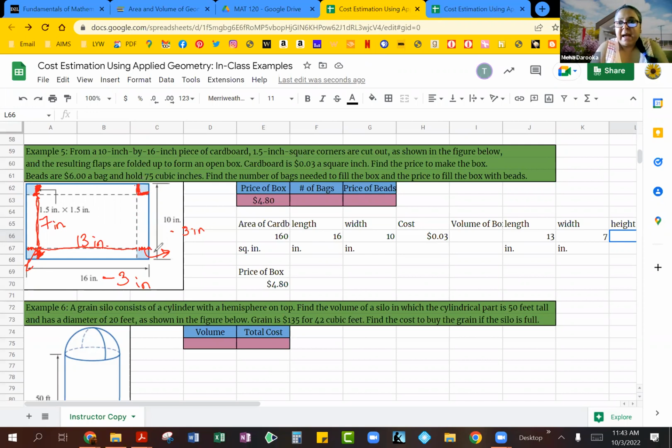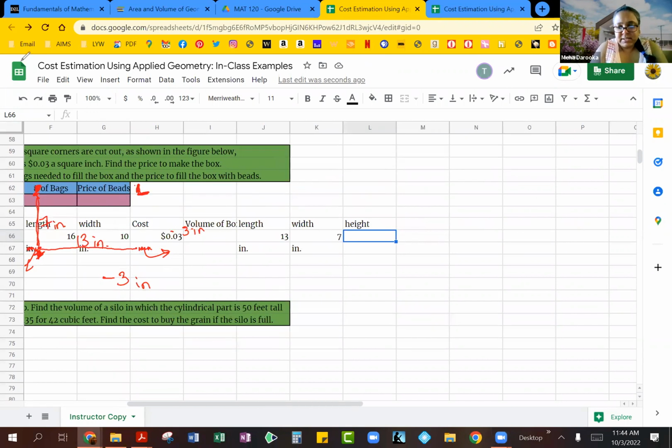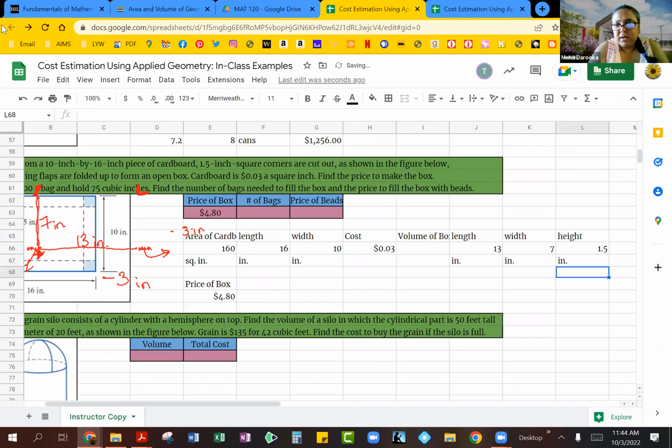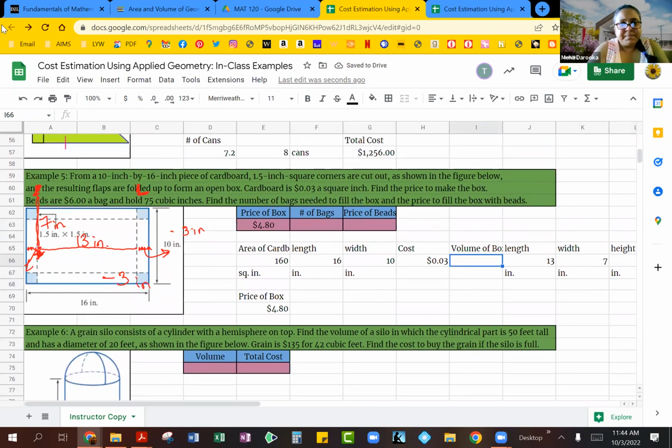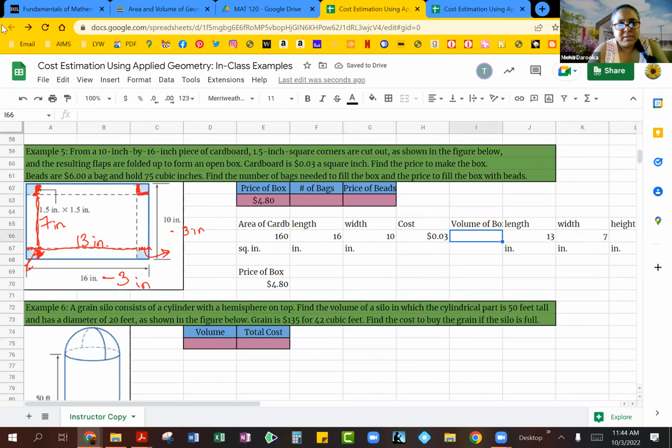So you are going to have a height of 1.5 inches. And that will give us our volume over here. This is going to be 13 times 7 times 1.5, which will be, of course, now in cubic inches.